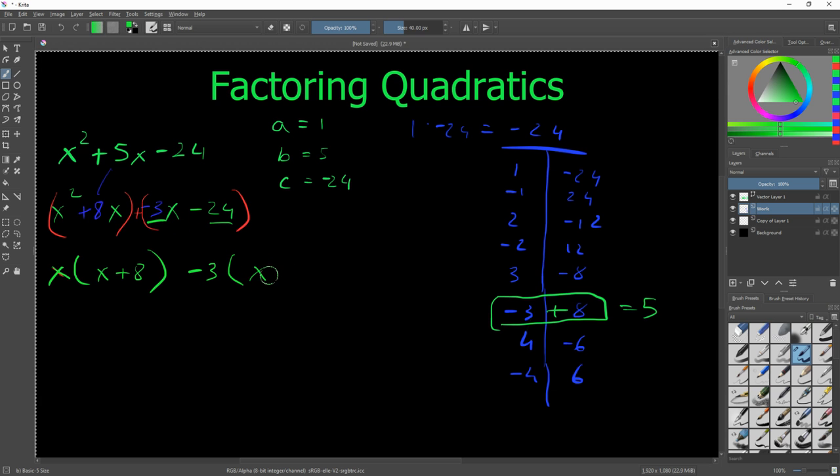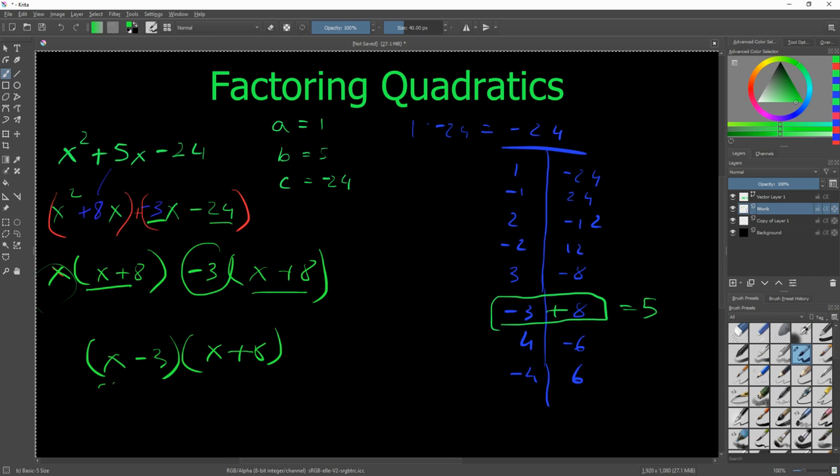What's left? x plus 8. You see how these guys look the same? That's one factor, x plus 8. What's the other factor? x minus 3. That's from this guy and from this guy. That's factored. That's factored form.